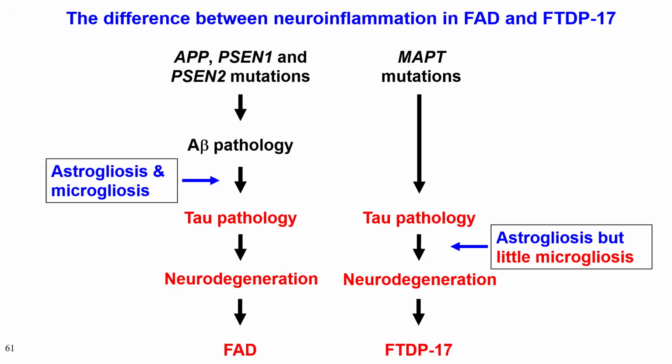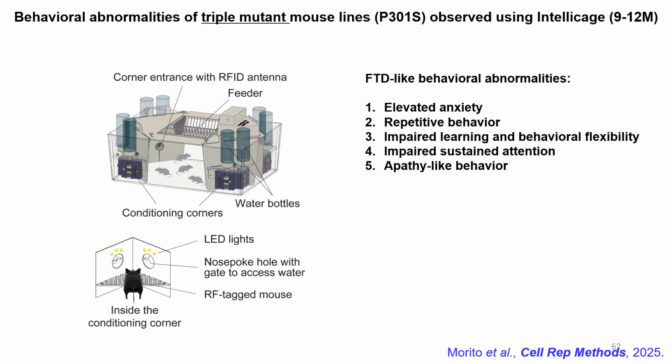This slide illustrates behavioral analyses of triple mutant MAPT knock-in mice using IntelliKage at 9 to 12 months. This system allows simultaneous observation of more than 30 mice, and the mutant mice showed FTD-like behavioral abnormalities such as elevated anxiety, repetitive behavior, impaired learning and behavioral flexibility, impaired sustained attention, and apathy-like behavior.